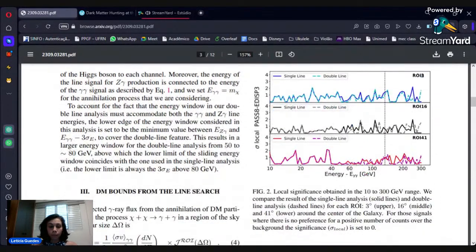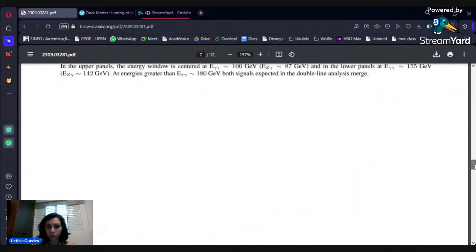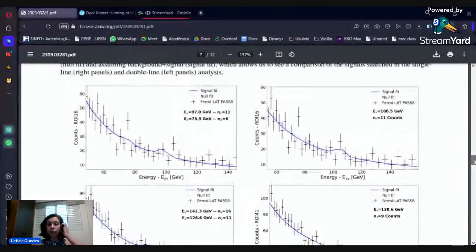So they show here below. Let me see here, because the graphs up there are sigma v versus the mass, so you can't see what they mean with the single line or double line.